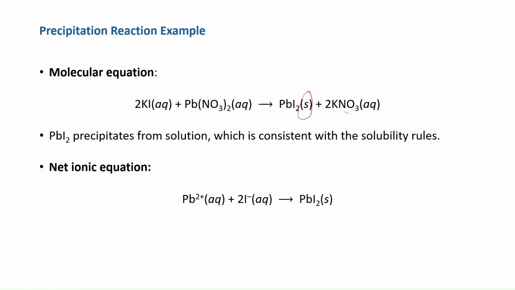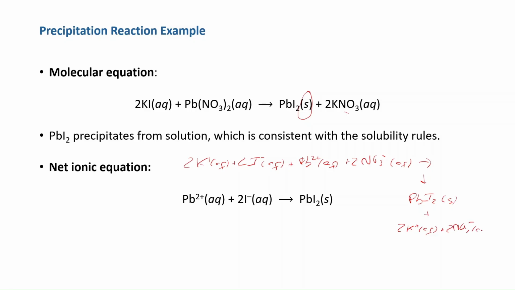Now for the net ionic equation, you write 2 potassiums, aqueous, plus 2 iodides, aqueous, plus lead, aqueous, because all these are soluble, plus 2 nitrates, aqueous. That leads to lead iodide that we said is solid, plus 2 potassiums that are aqueous, plus 2 nitrates, aqueous.